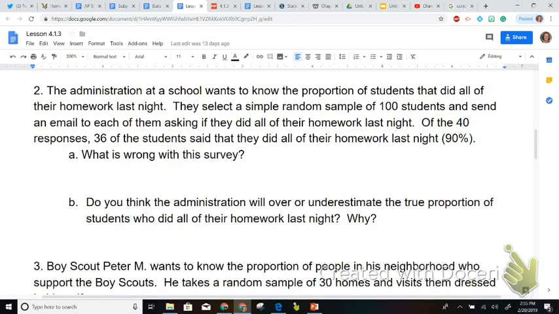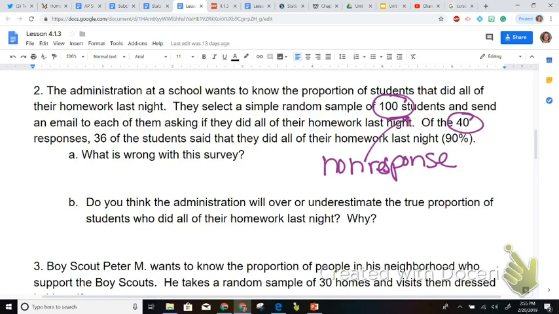The first is that only 40 out of the 100 people responded to the survey. That part is non-response bias, because so many people chose not to respond. They ignored the email.